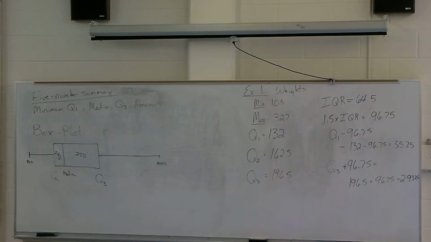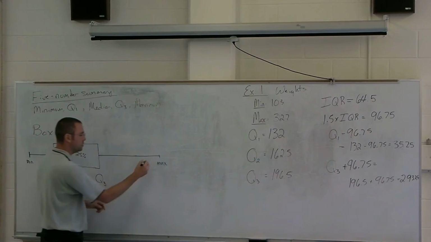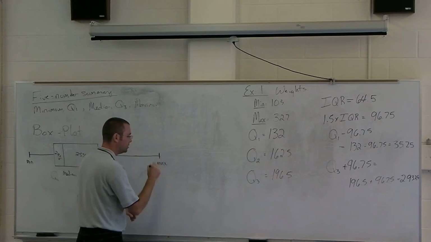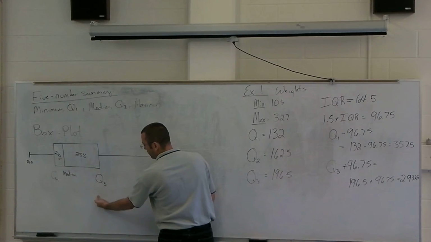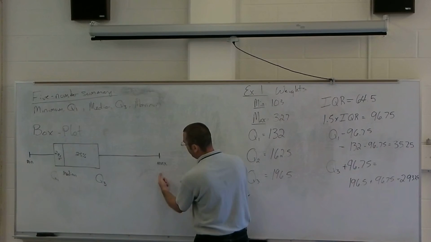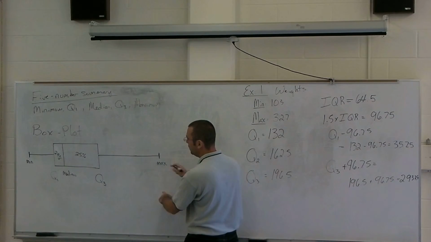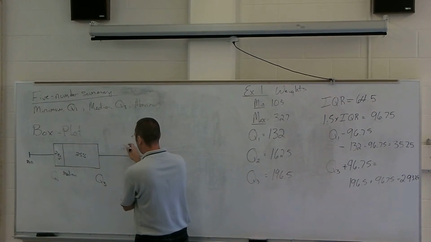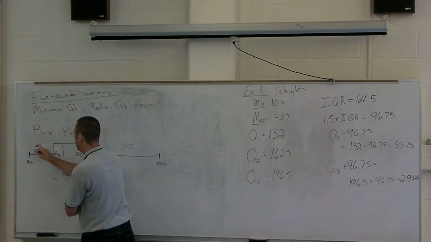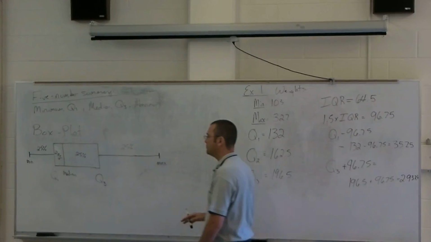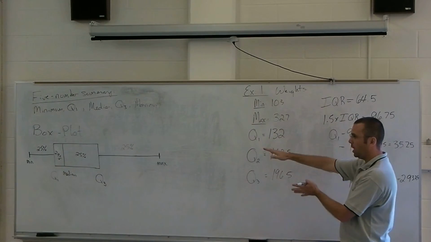And again, the lengths of each of these pieces is just a reference to the differences between, in this case, the Q3 value and the value of the maximum point. Again, 25% of our data is here, 25% of our data is here. Okay. This is the box plot.